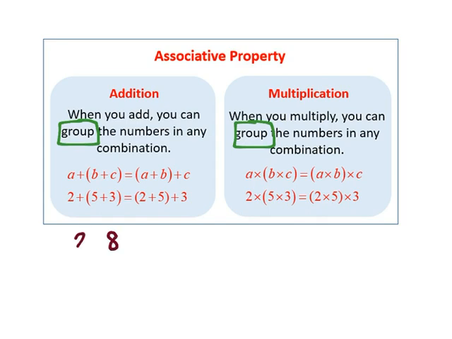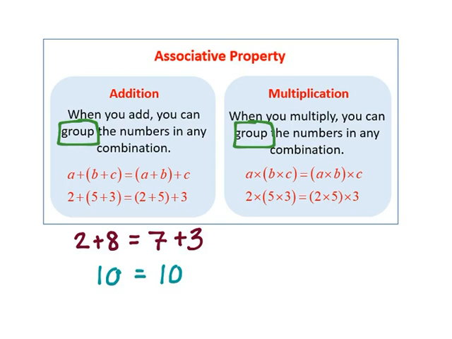So now we have 2 plus 8. On the right-hand side, parentheses first, we add 2 and 5 together to get 7, and then we have plus 3. Working at the left again, 2 and 8 added together give us 10, and 7 and 3 added together will also give us 10. So these two are equivalent. It works.